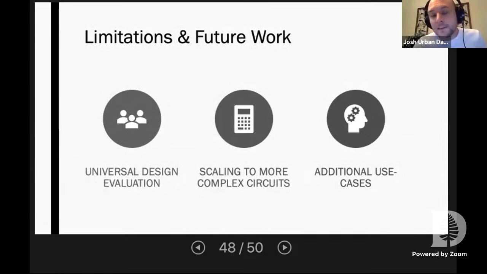And then finally, we'd like to find additional use cases for this smartphone capacitive 3D printed technology, possibly for education, because we believe that while it is quite useful for hardware computing, it could have other applications as well.